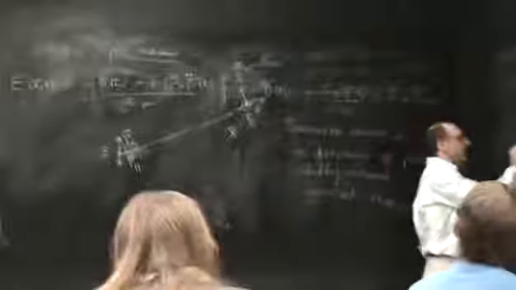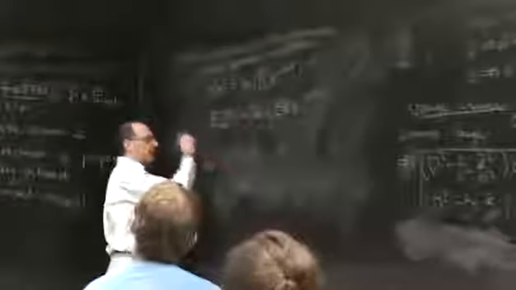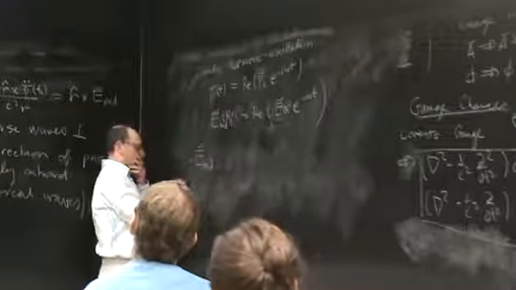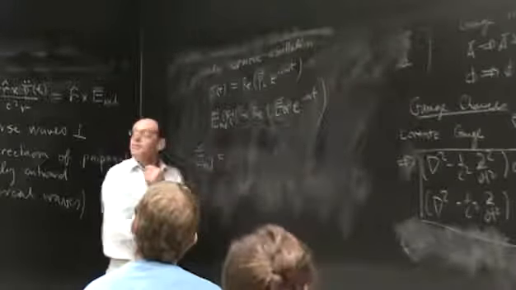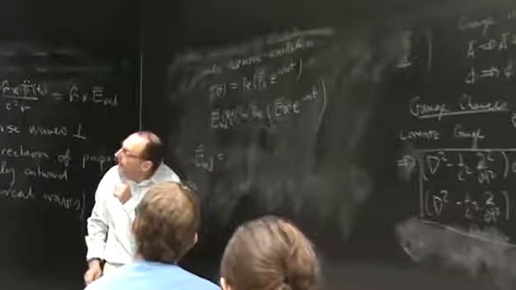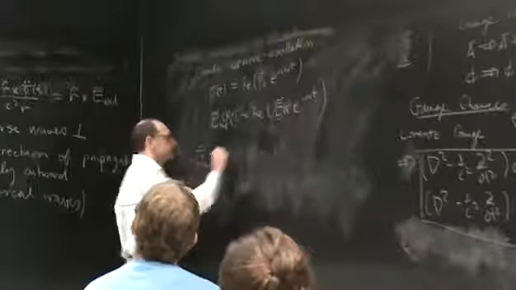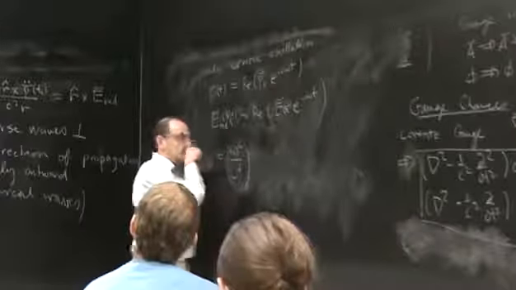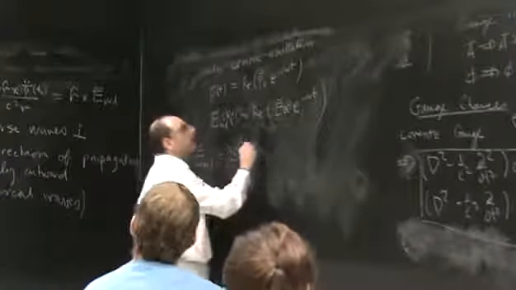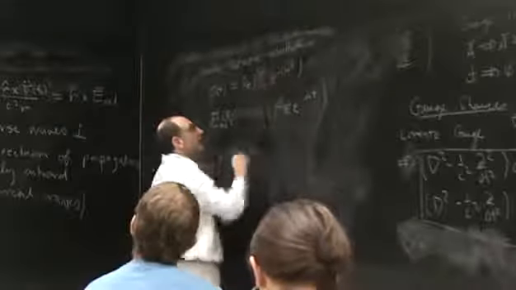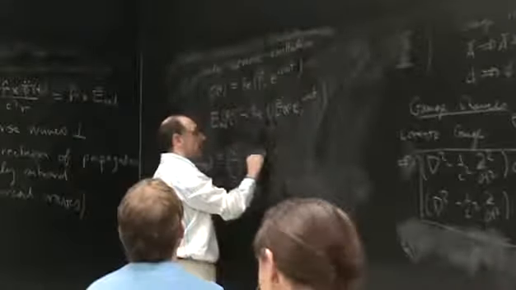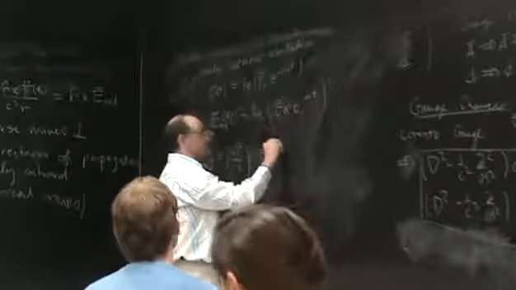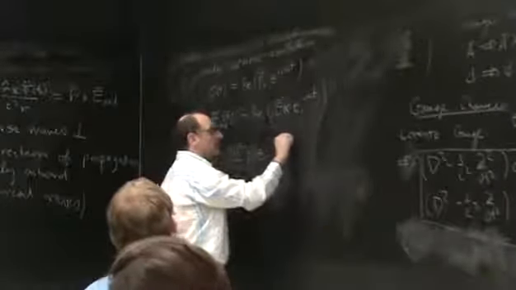So my radiated field, which ultimately I'll take the real part of, is equal to, each dot becomes a minus i omega. So I get omega squared over c squared, times this evaluated at t minus r over c.